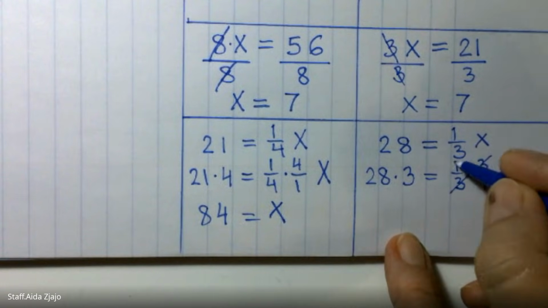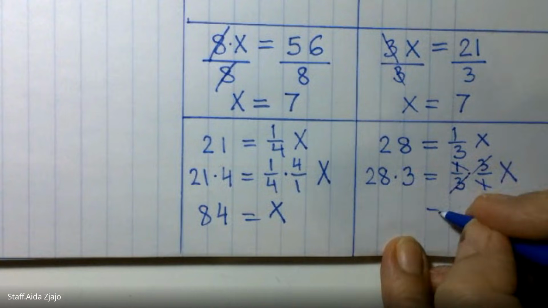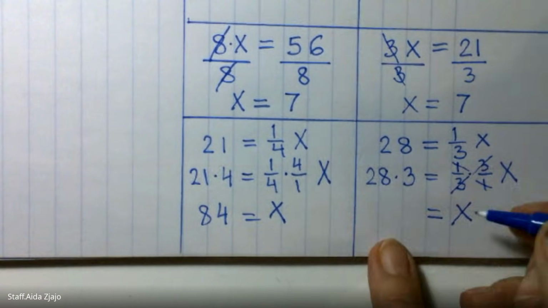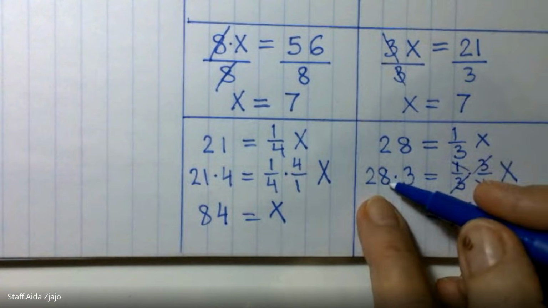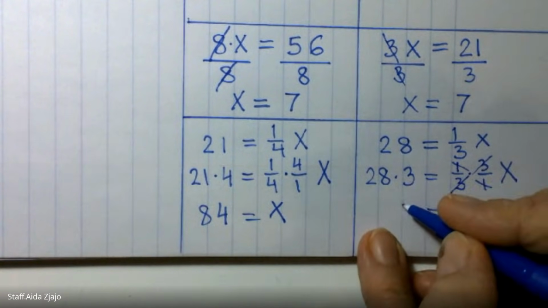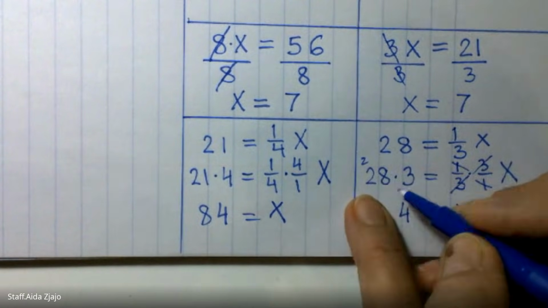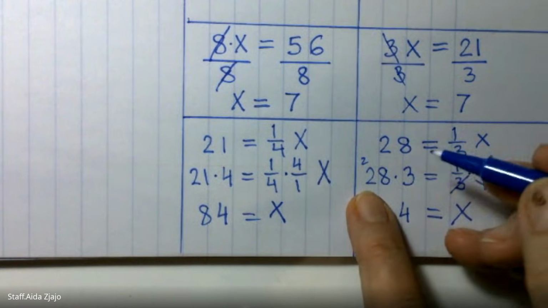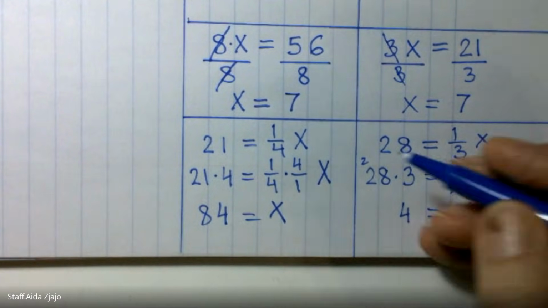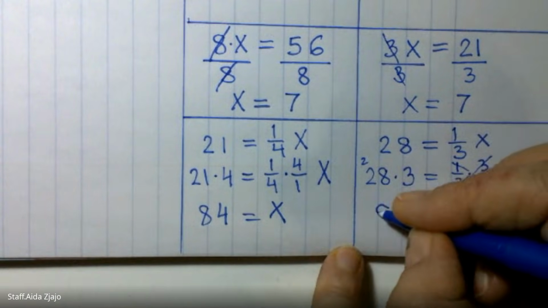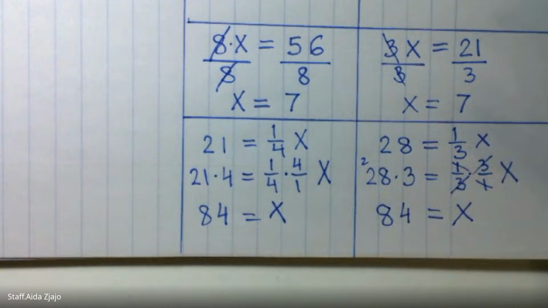So this will cancel and becomes 1. So x equals, and 3 times 8 is 24. 3 times 2 tens is 60. Plus 20 is 80. So it's 84. So that's the quickest way we could solve these.